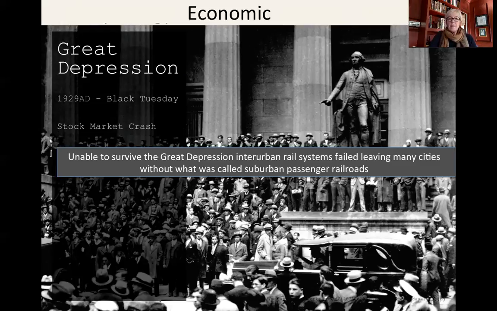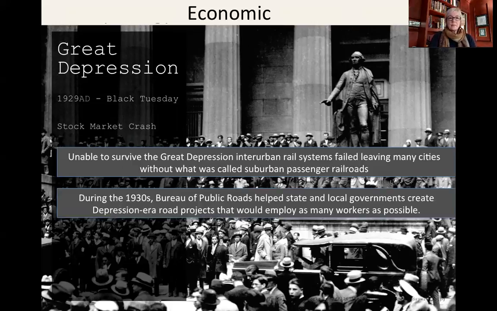One of the things that happened was that interurban rail systems were leaving. And of course, for a lot of people, that really made it difficult, in terms of economic stress, to find work or find food.